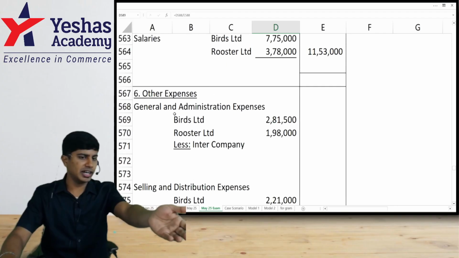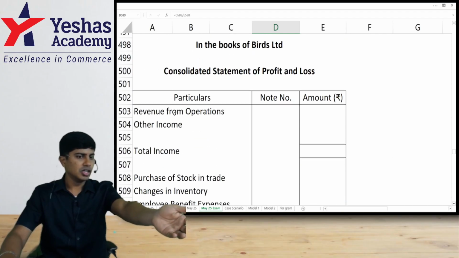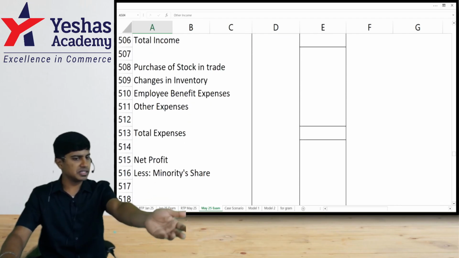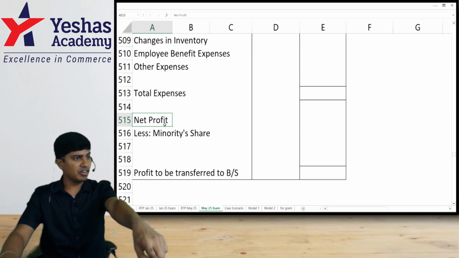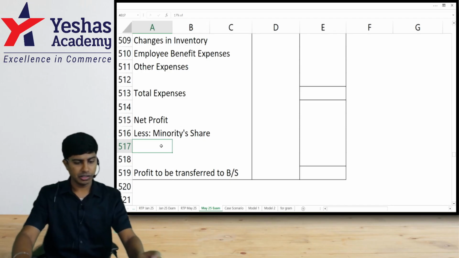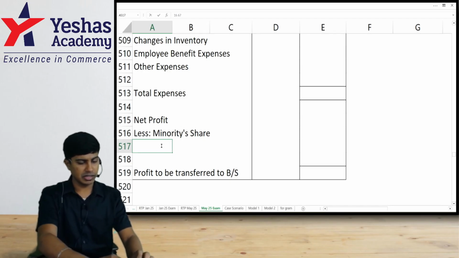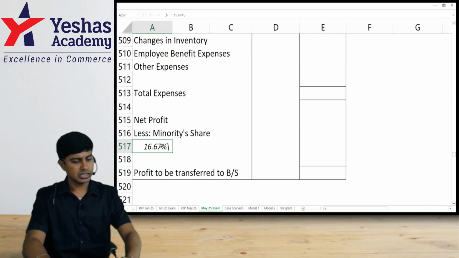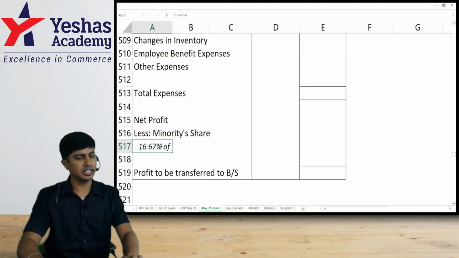In your consolidated P&L, if you observe, you will write revenue from operations, other income, total income, list of expenses, total expenses. Net profit will be found. You would have to deduct minority share. How much will be minority share? 16.67 percentage of profit.